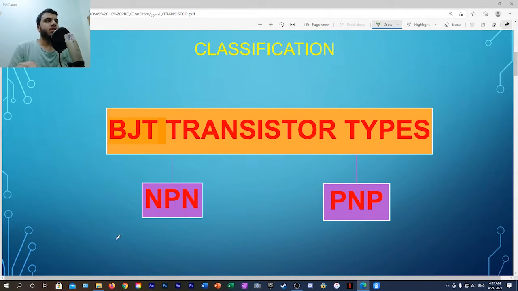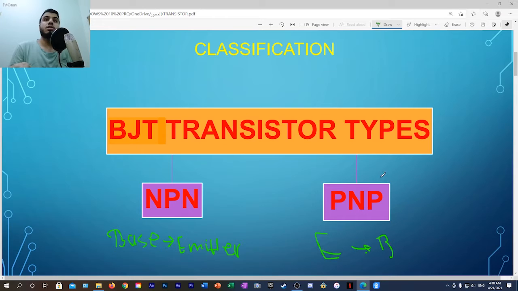In the NPN, current flows from base to emitter, whereas in the PNP it is the opposite, from emitter to base. We will see what the emitter and the base are in the next slide.